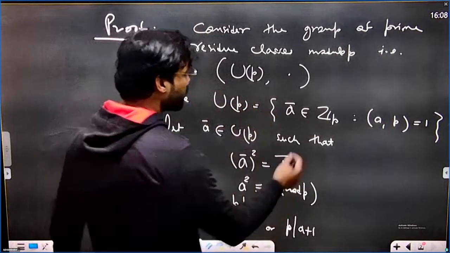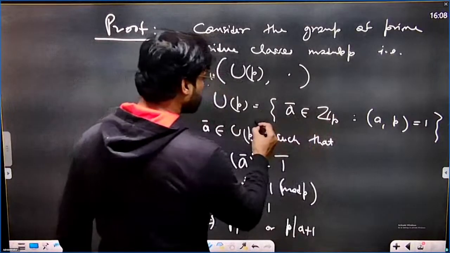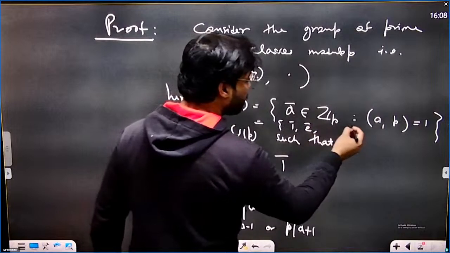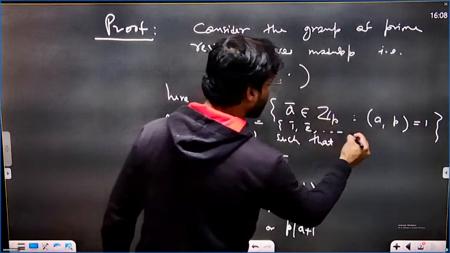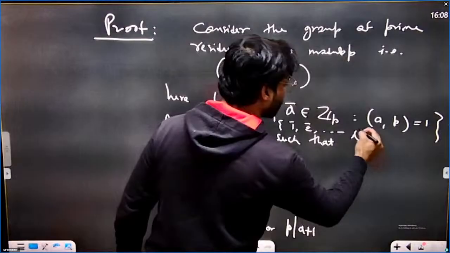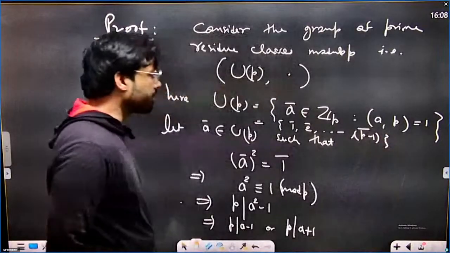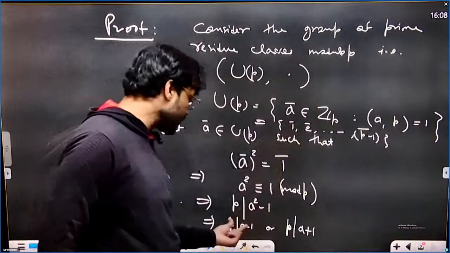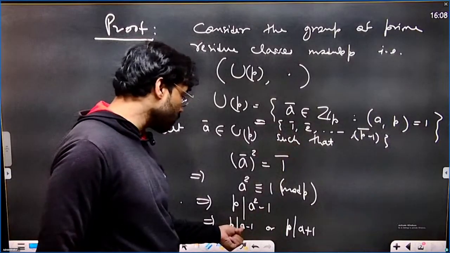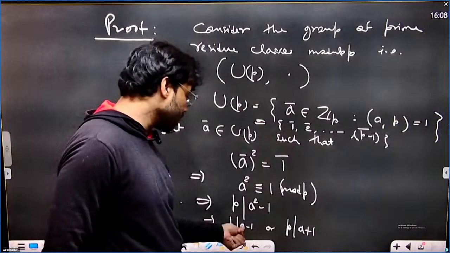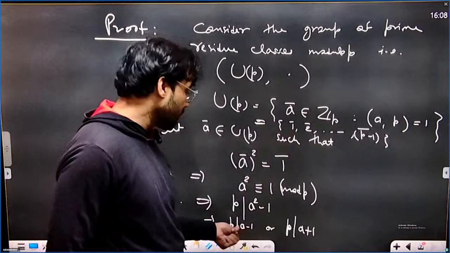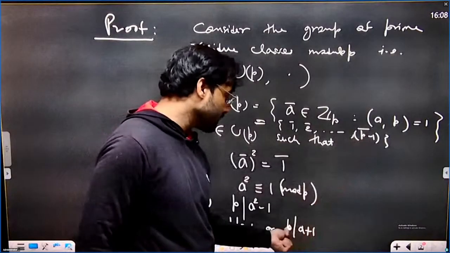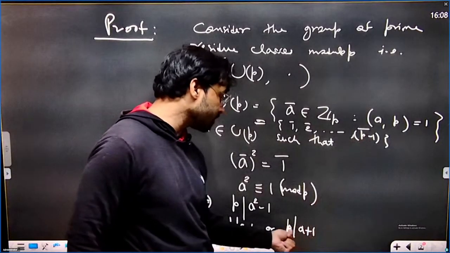So now just observe this equation. What are the elements here? 1, 2, up to p minus 1, as p is a prime number. Which element will satisfy this condition? If you put a equal to 1, that gives 0, and p divides 0. If we put a equal to p minus 1, then p minus 1 plus 1 is p, so p divides p.